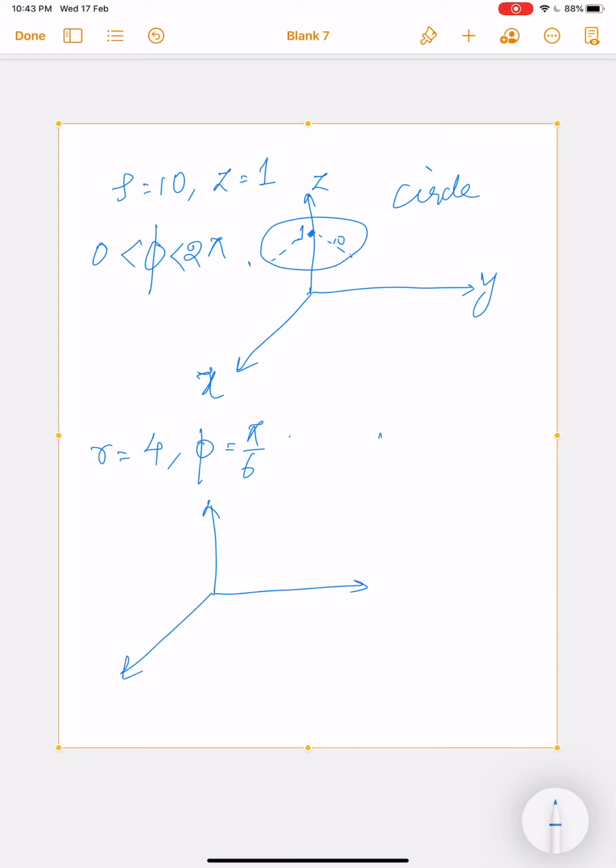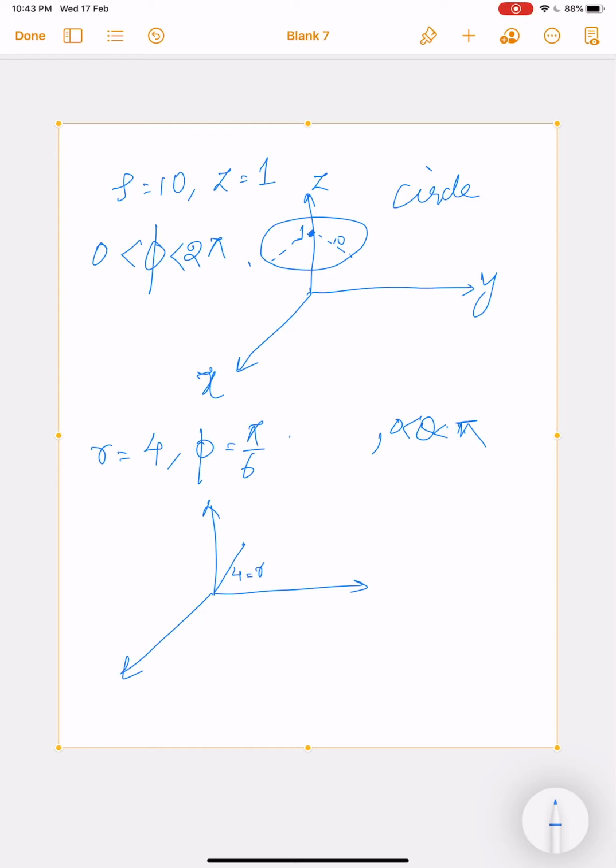Phi is fixed, that means theta will vary from 0 to pi. R is fixed over here, and phi is also fixed at 30 degrees. Theta will vary as much as you want.